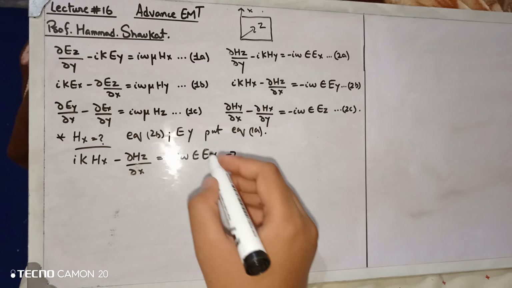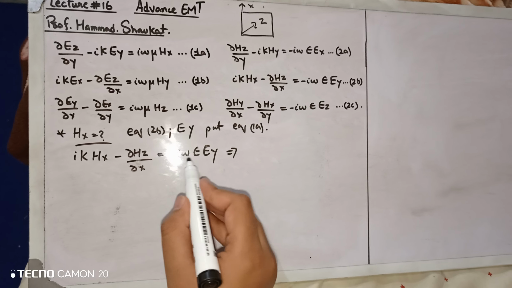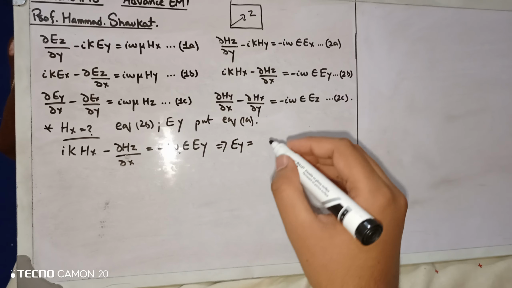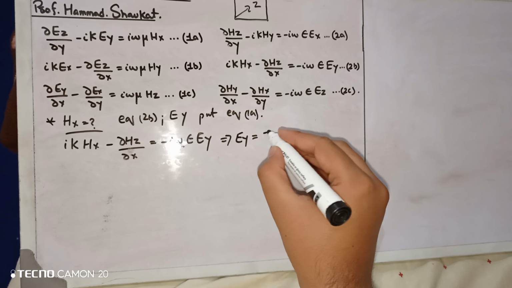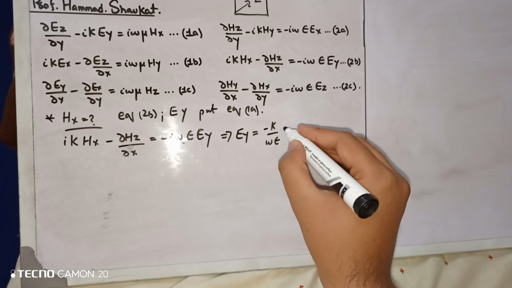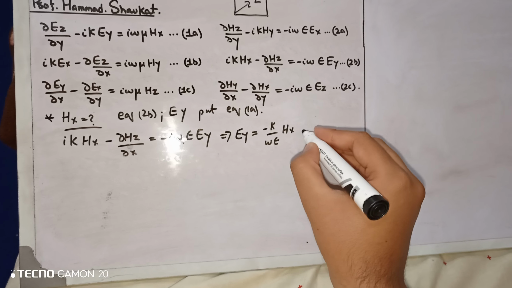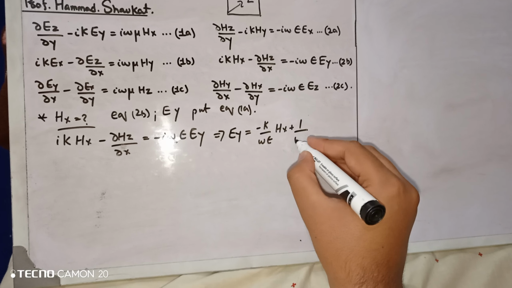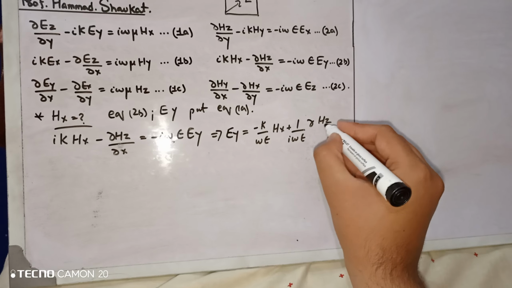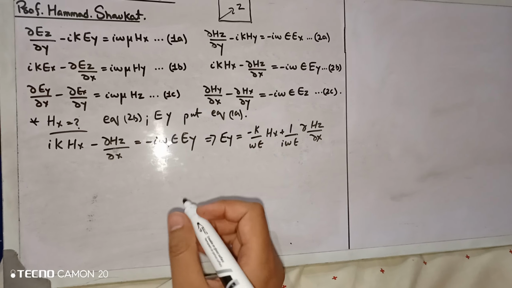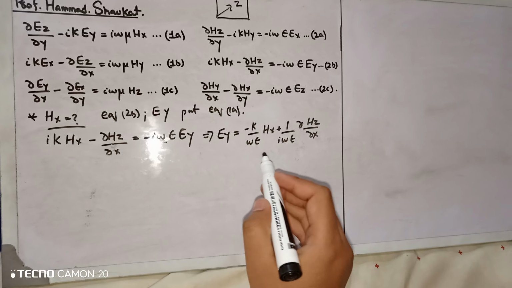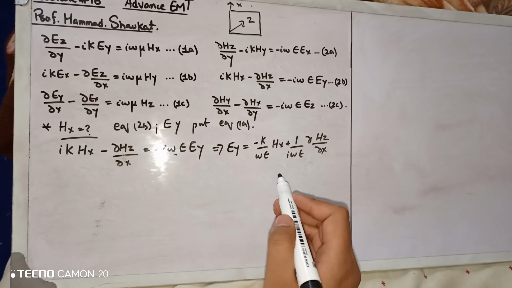Because we have to find Ey, divide this term to this side and this also, so Ey is left with minus k divided by omega epsilon Hx, plus 1 divided by iota omega epsilon partial Hz divided by partial x. We just divide by minus iota omega epsilon here. After cancellation you will get the value of Ey as this.